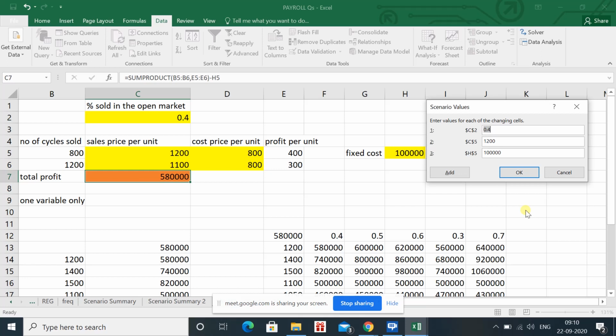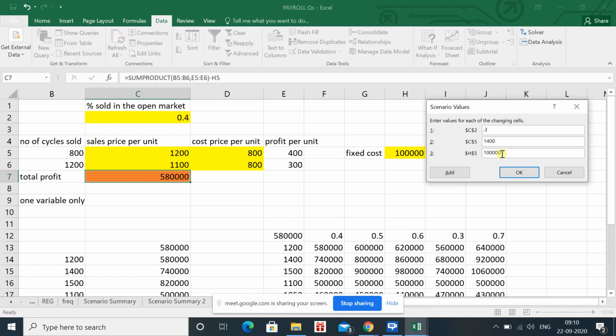But we don't want the current values, we want to change these three values and see their impact. So I'm saying that please keep C2, the percentage sold in the open market, as 30%, keep the price as 1400 and the fixed cost as 1 lakh.